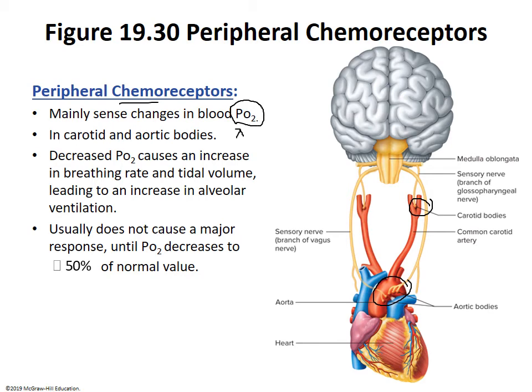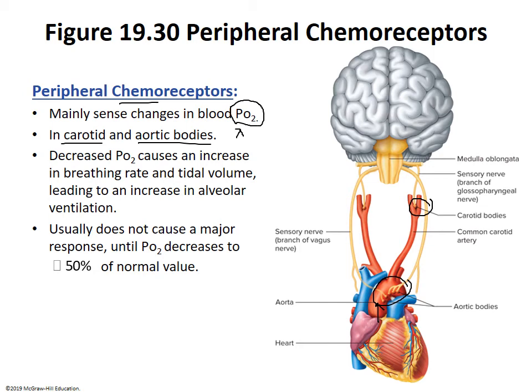So peripheral chemoreceptors are in the carotid sinus and the aortic bodies. Again, this aorta is bringing all the oxygenated blood out to the body. So if I want to test to see how much oxygen's in there, that's the perfect place to test it, because that's the original place.